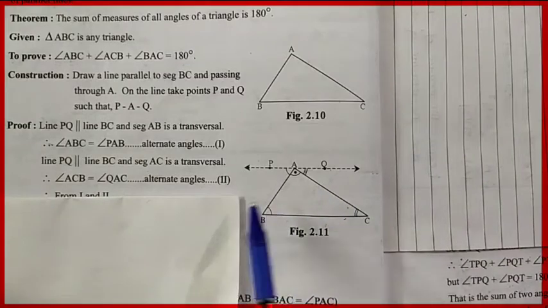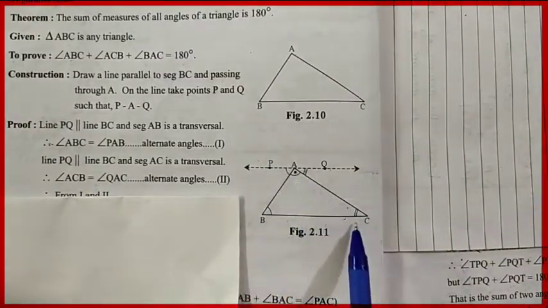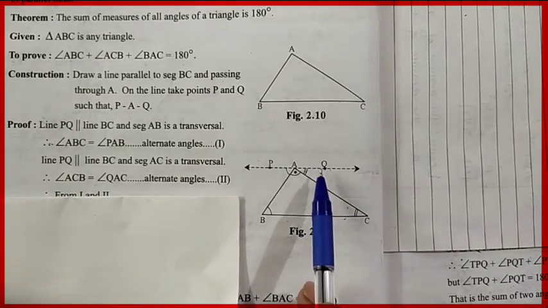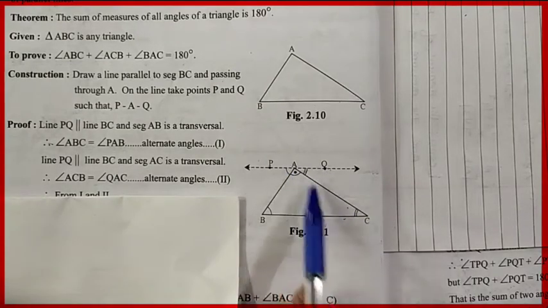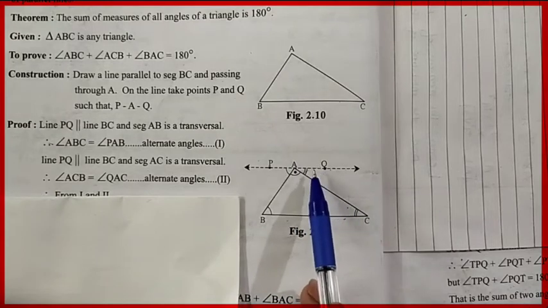Therefore angle ACB, which one? ACB, this one, and angle QAC are also equal, again by the alternate angle theorem.